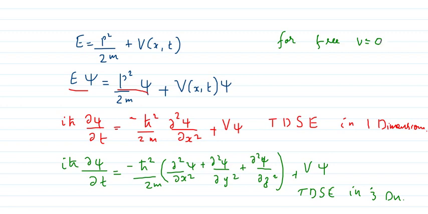If we avoid the potential energy term, what we get is only the first term in this equation. So we can write the first term in 1 dimension, also in 3 dimensions. That represents the time dependent Schrodinger equation for a free particle in 1 dimension, and if we remove V from the 3D equation, it will be the time dependent Schrodinger equation for a free particle in 3 dimensions.